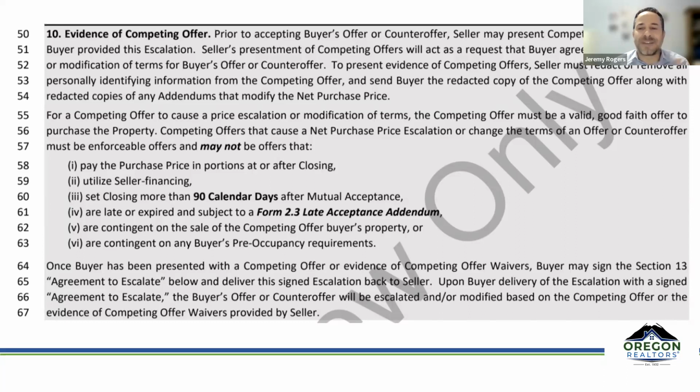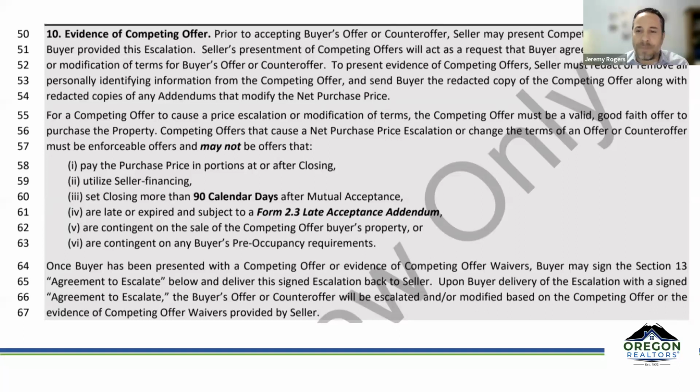Now, once buyer's been presented with that competing offer and evidence of that offer and waivers, the buyer will have an opportunity to sign off on the deal down in section 13, which is where they're actually agreeing to escalate. Okay, and if they sign that and agree to escalate, then they will send this back to the seller, and that will be a binding agreement for the escalated terms.